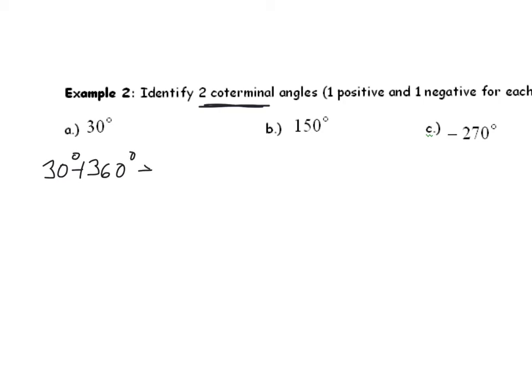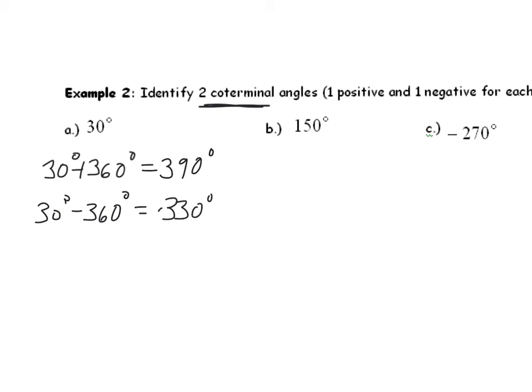So 30 degrees is actually in the exact same spot as 390 degrees. Negative 390 would be in a different spot. So I'm going to find a negative one now, yes, by subtracting a revolution. So that would be negative 330.